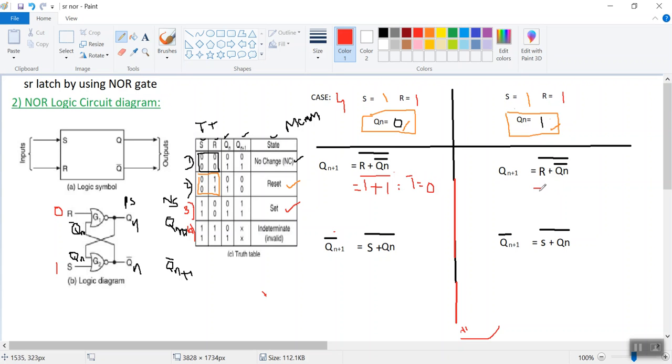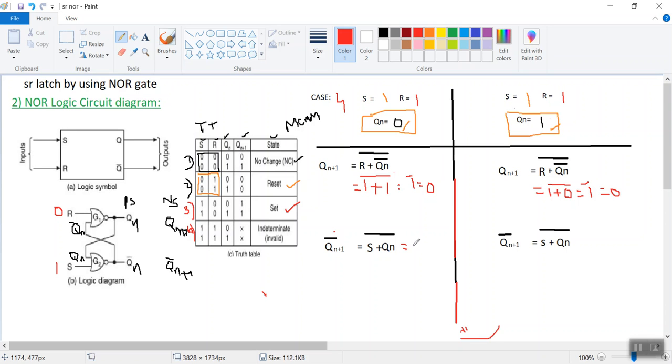Whereas in this particular case, same, 1 plus Qn bar. My Qn value is 1, 1 complement is 0. So 0, 1 plus 0 is 1, and 1 complement, you are getting your resultant as 0. Okay, so in this particular case you need to substitute your values.